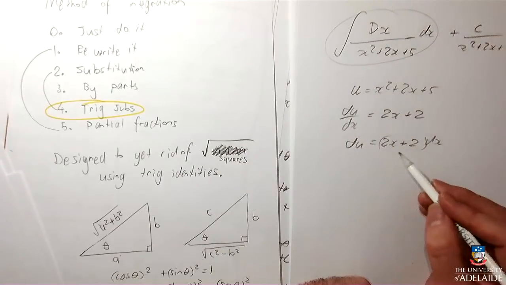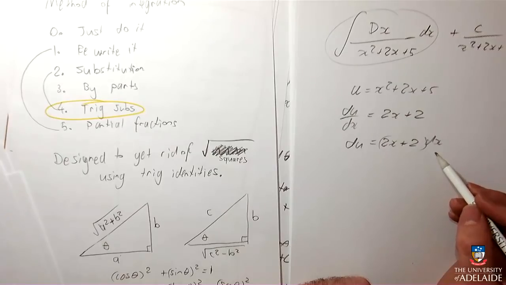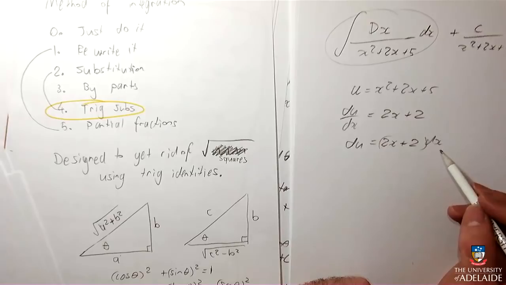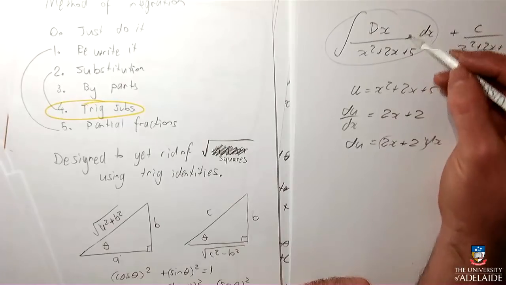I don't have a 2x plus 2 dx. The only way for me to deal with this is to create one, is to create a minus 2 here.